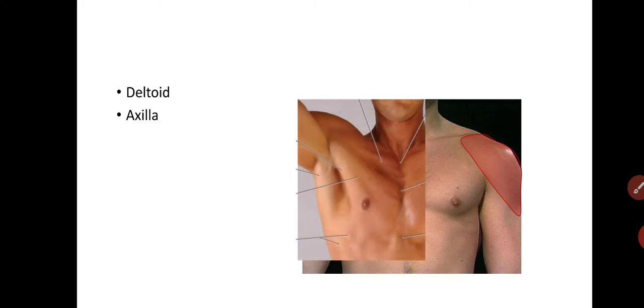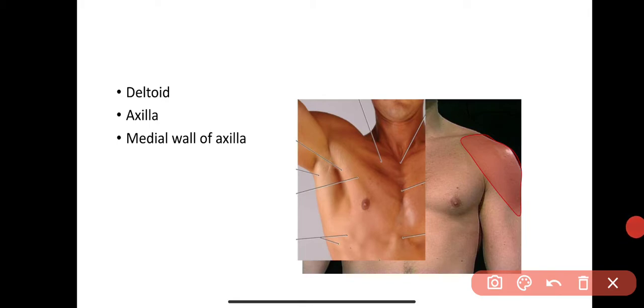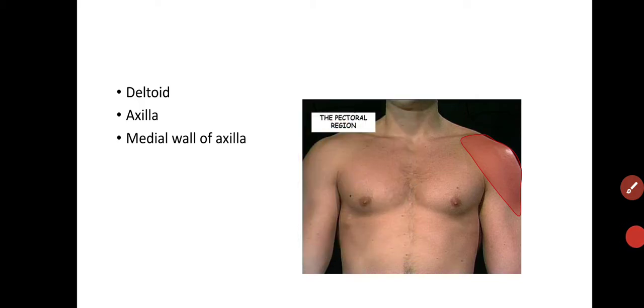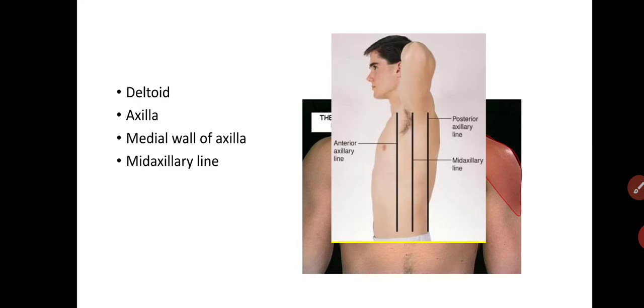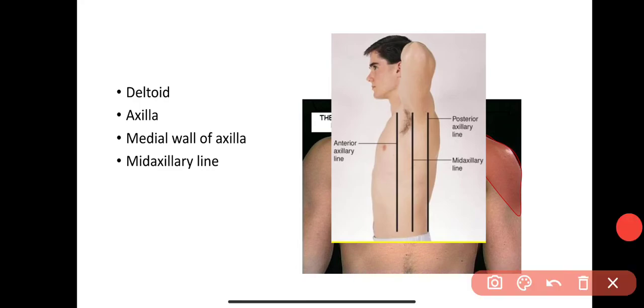Axilla: the space between the trunk and arm. This is the axilla, and the medial wall of the axilla is formed by the upper part of the trunk. Then the mid axillary line: the vertical line that passes through the center of the axilla.